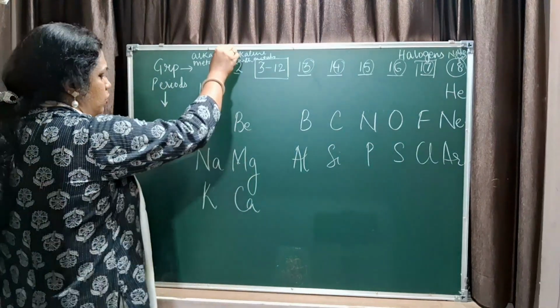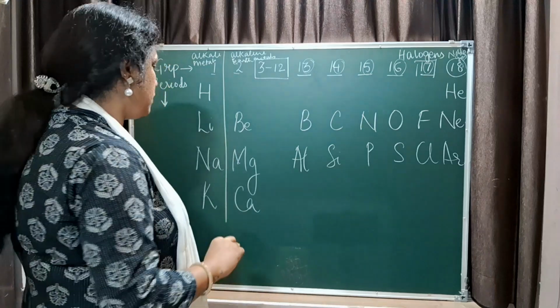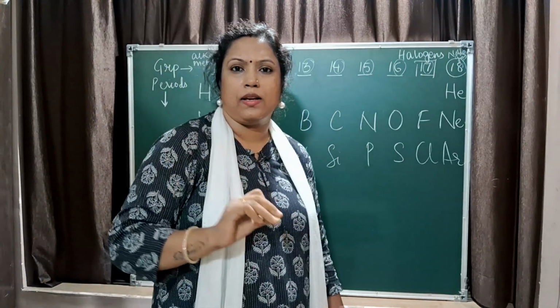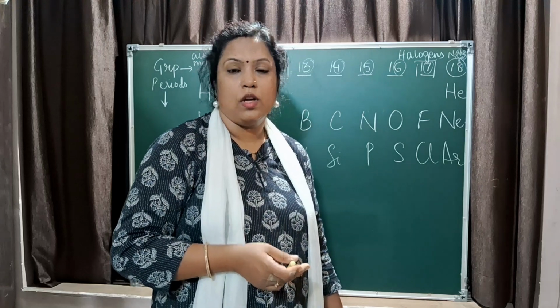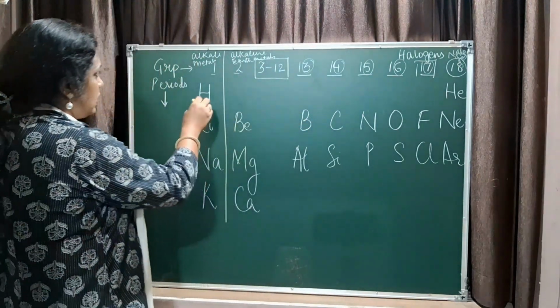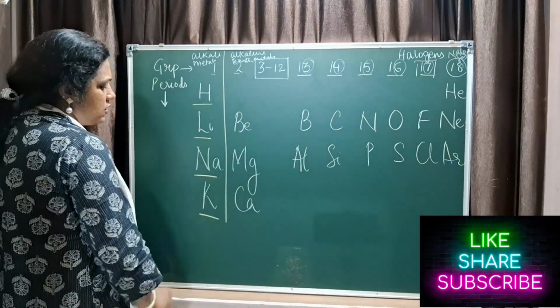Now when you see this group 1 elements, and what we have done before, you can check your notes if you are writing it. It's better, what I write on the board, children, you keep writing it. Have your running notes ready with you. So in exam time this is going to help you, right. So now you can see here group 1 elements: hydrogen, lithium, sodium, potassium.